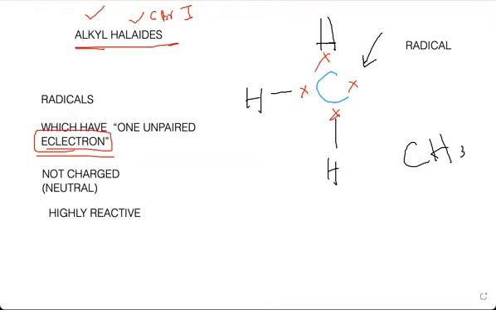And what is the name of this compound? Because it was an alkane, and what is the name of this alkane? Methane. Now this is not an alkane because it is not following the general formula of the alkane. According to the alkane, it should have 4 hydrogens. Then what is this? It is the free radical of alkane.